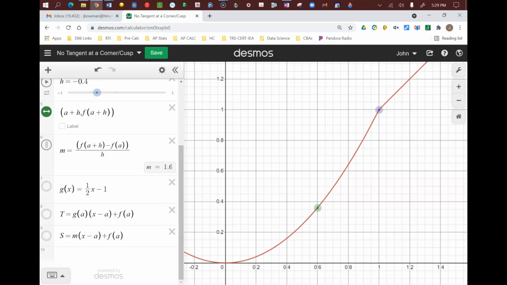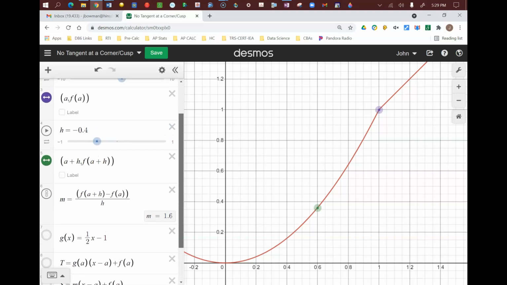And they don't approach each other as x approaches 1, or as h approaches 0 in our derivative. So we're going to illustrate that with this Desmos example here.